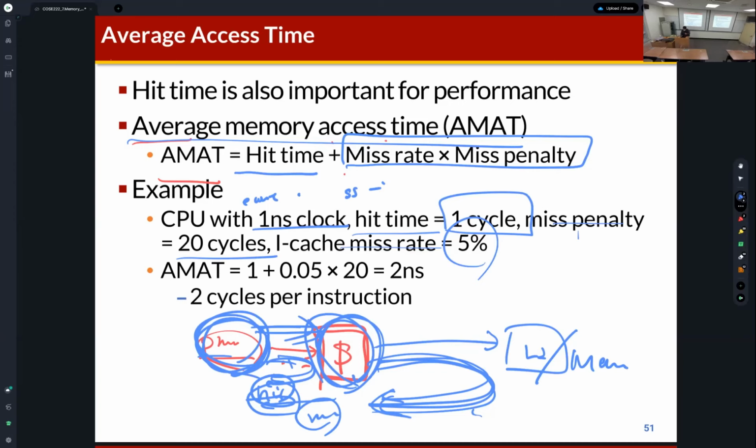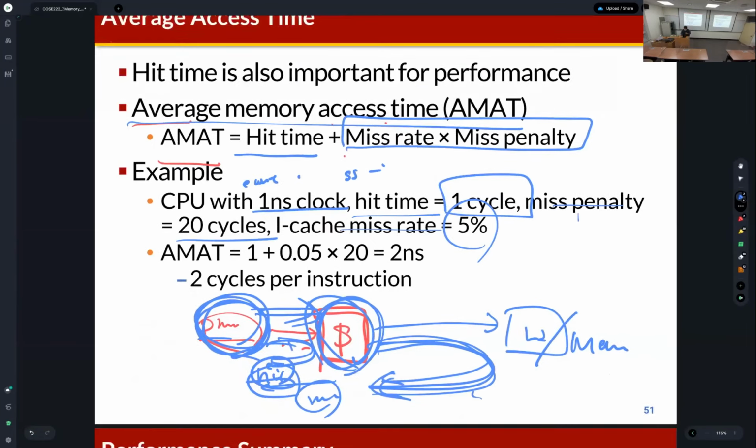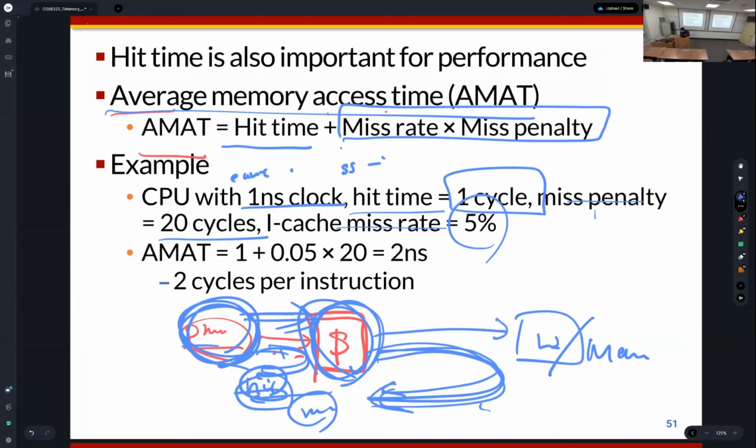Sometimes the hit time can be less than the clock period, such as 0.8 nanosecond. Then how can you calculate the hit cycle?